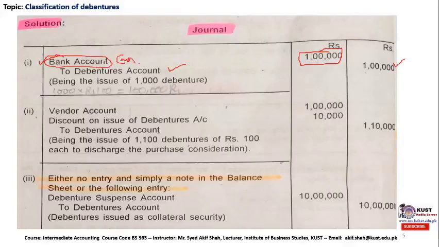So cash has been increased in the company's bank account, therefore it has been debited, and the company's liability has been generated, which is 1 lakh rupees in the future. And the small narration explains: being the issue of 1000 debentures at the rate of 100 each. So we have journalized the first entry, which is debenture issuance in cash.